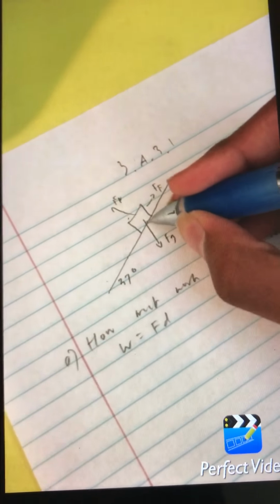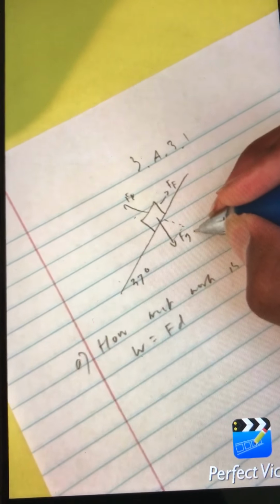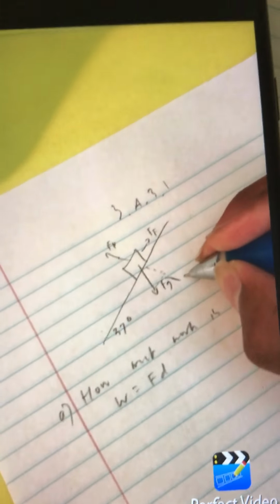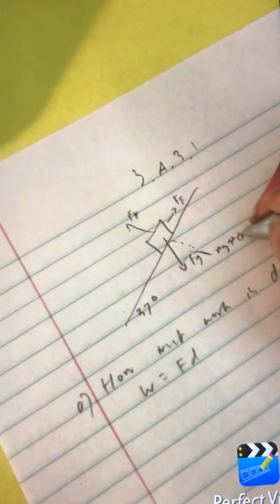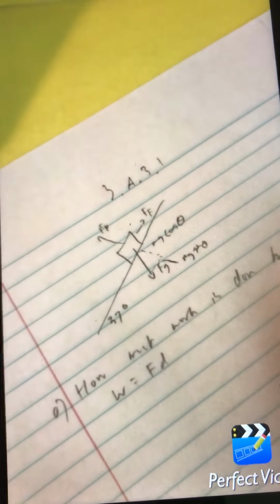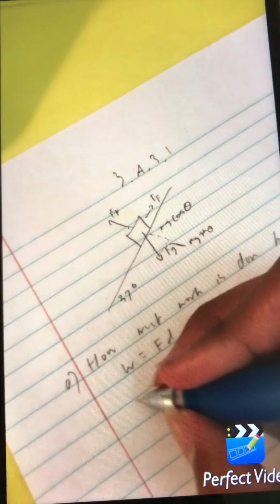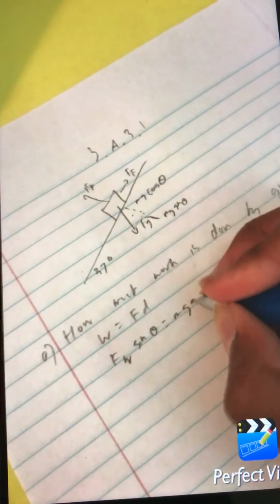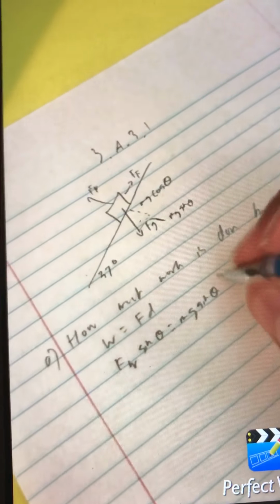That would be this part right here, which is mg sine theta. And this part is mg cosine theta. So of course, the parallel component equals mg sine theta, where theta is the inclined angle.